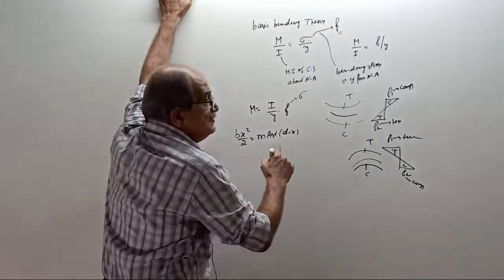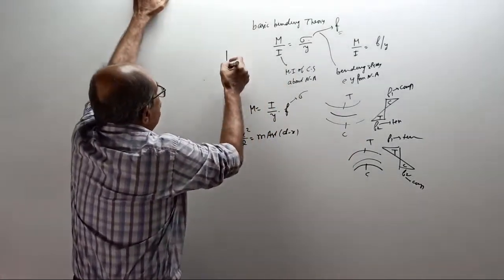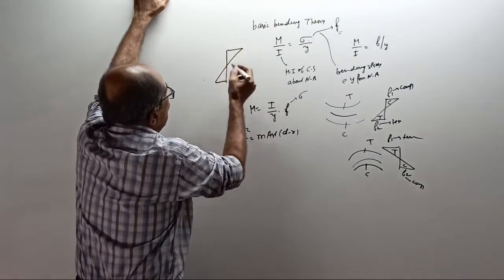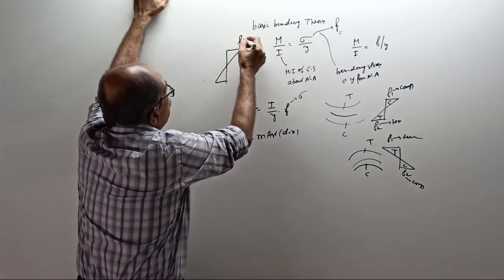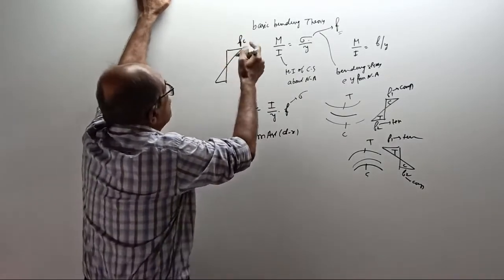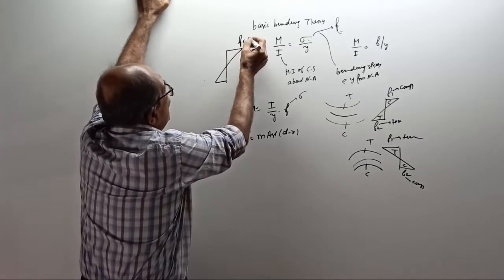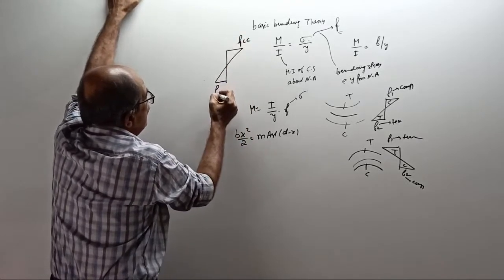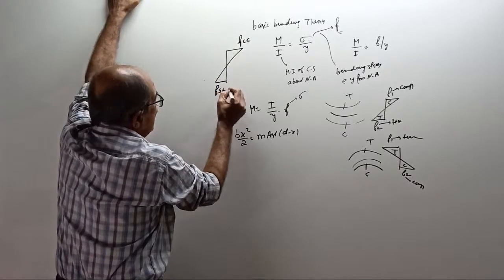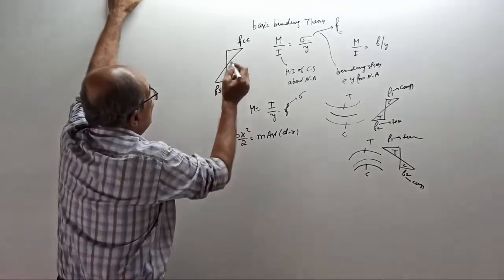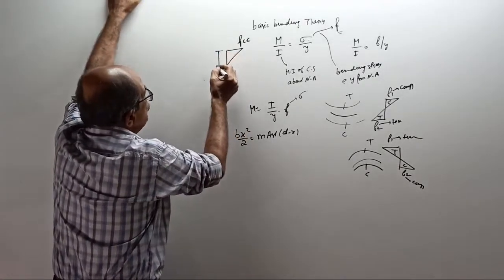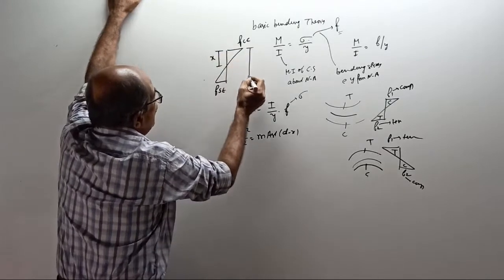And then, if you got the stress distribution diagram, this I will call FC, the maximum stress in concrete in compression. This is the stress in steel in tension. Then the relation is, this is neutral axis depth x, this is d.